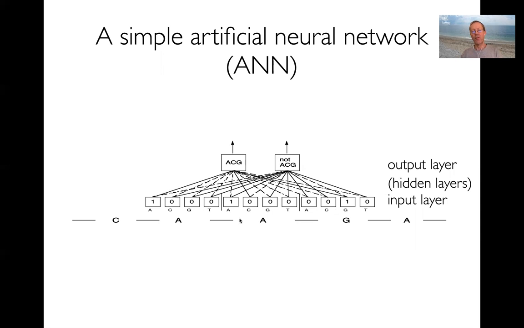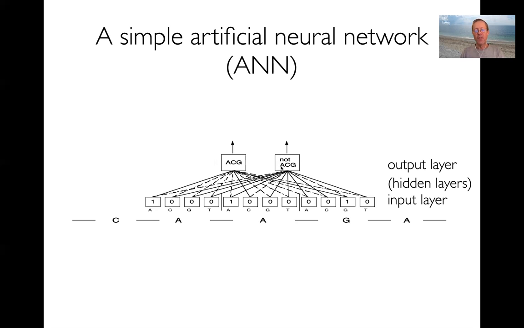Then you have a hidden layer, or more than one, connected to these input nodes, and there's some processing going on in these hidden layer nodes, and eventually the signal makes it to the output layer, which in a discriminatory task like this one simply says signal peptide or not signal peptide. So it's a discriminator, basically.